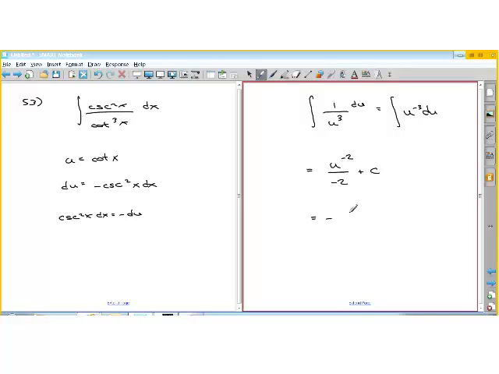So that's the same as -1 over 2 u, but u is equal to the cotangent of x, and we square that. So here -2, but it becomes +2 when you put it in the denominator. And then again, we can finally put it in its shortened form, so we can write it as, not u, but x.